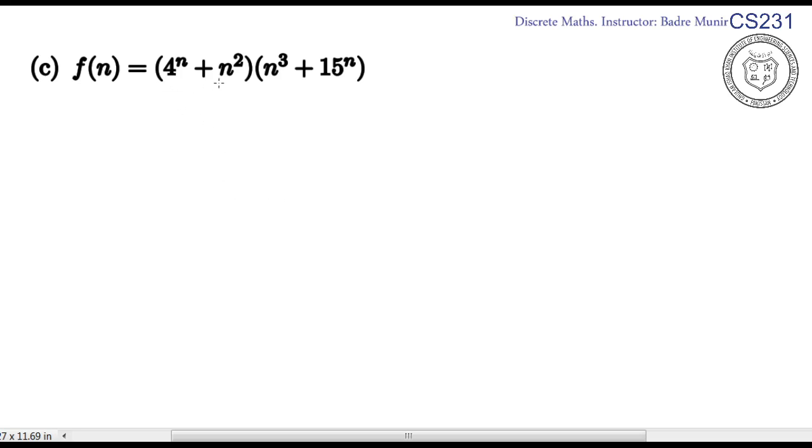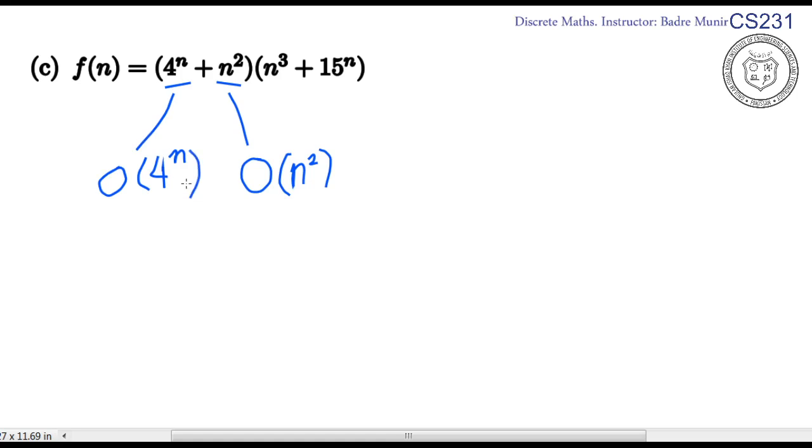For this power function, we know that this one is going to be the big O of n squared. Similarly, for this exponential function, we know that this is going to be the big O of 4 raised to power n. The question is, what about this entire function?